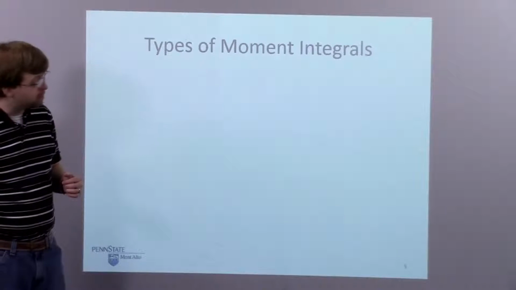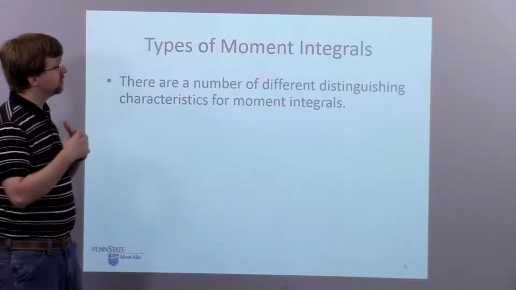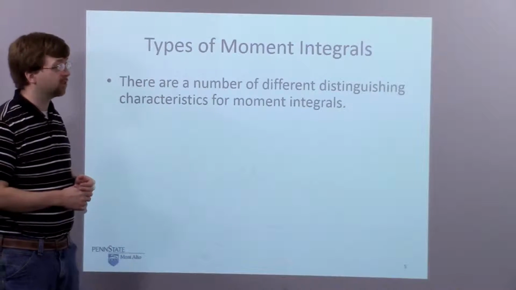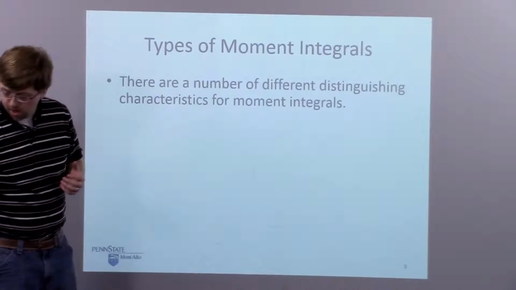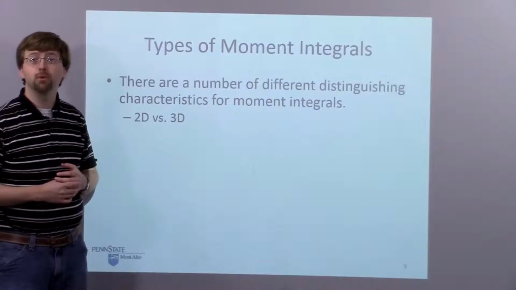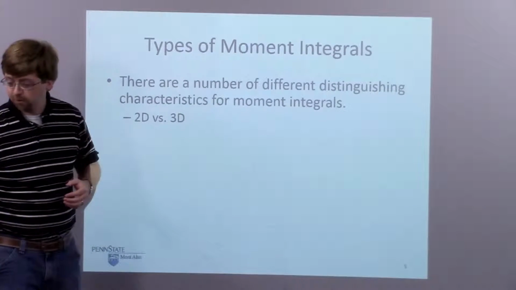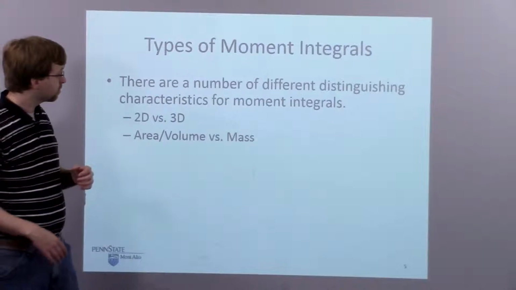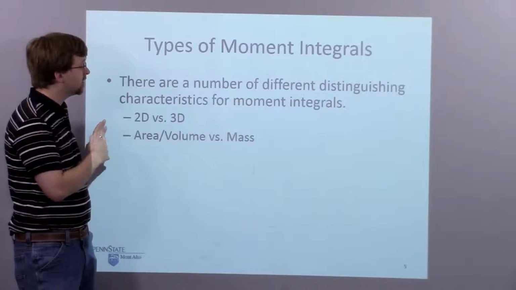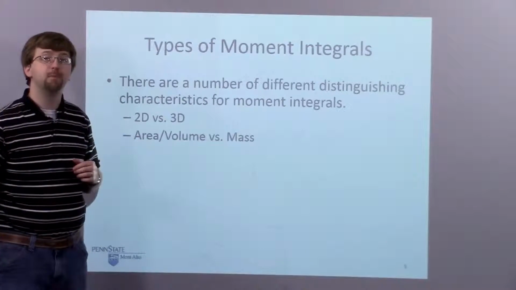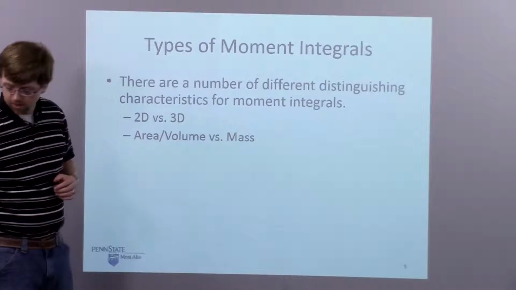Alright, so the types of moment integrals, there's basically four big distinguishing characteristics. We can have 2D or 3D moment integrals, and that is a pretty self-explanatory piece of this. We can have area or volume moment integrals, or we can have mass moment integrals.